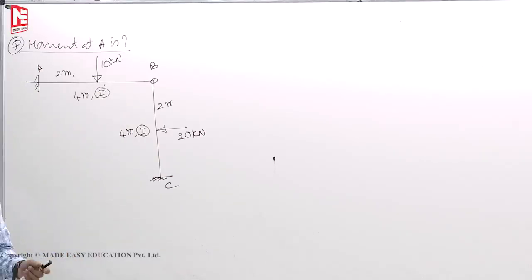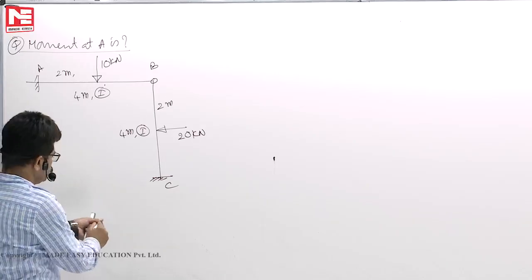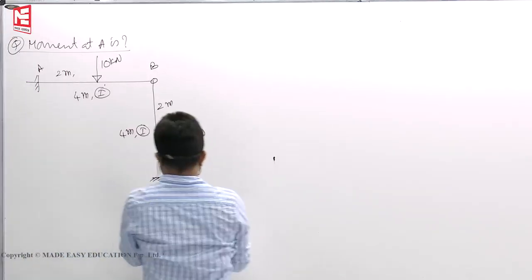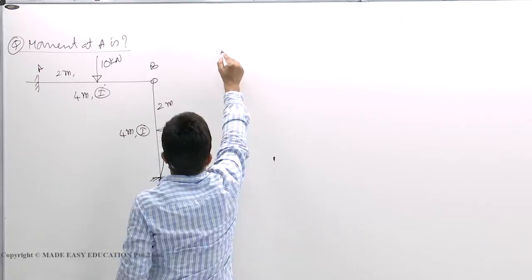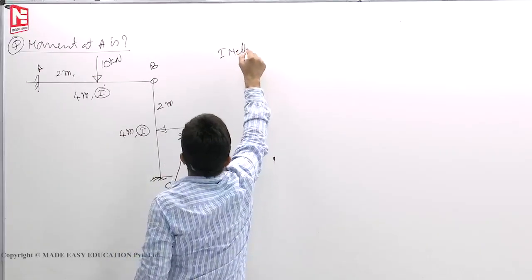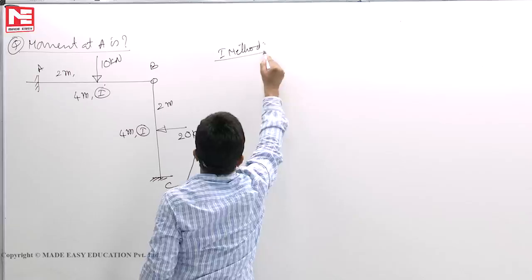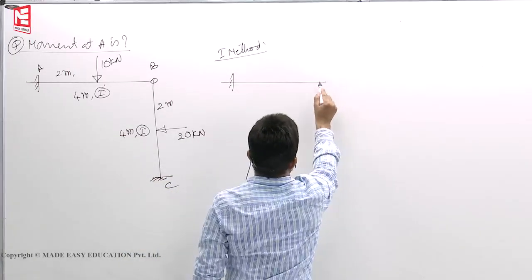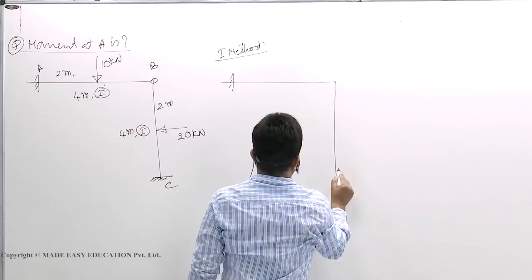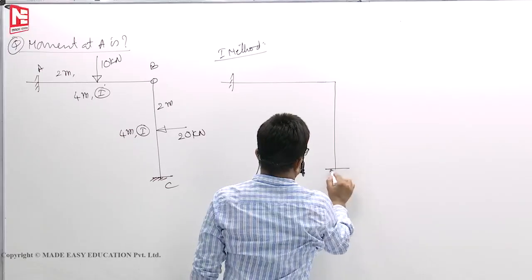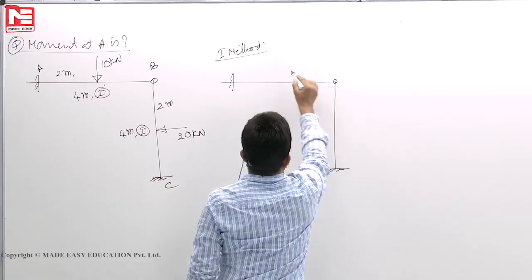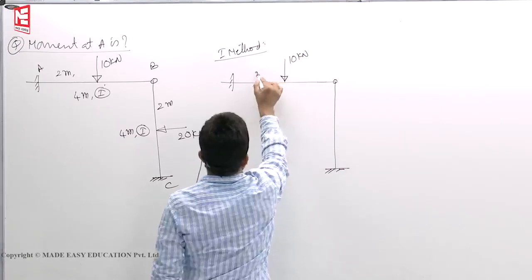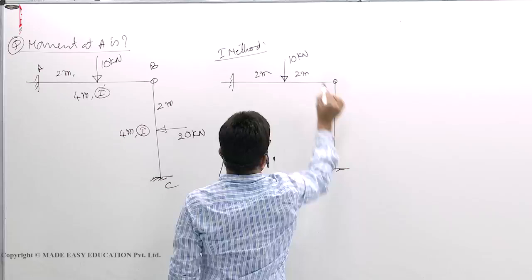Now, as I told you, if you know the deflection profile, first method: 10 kilonewton, 2 meters, 2 meters.